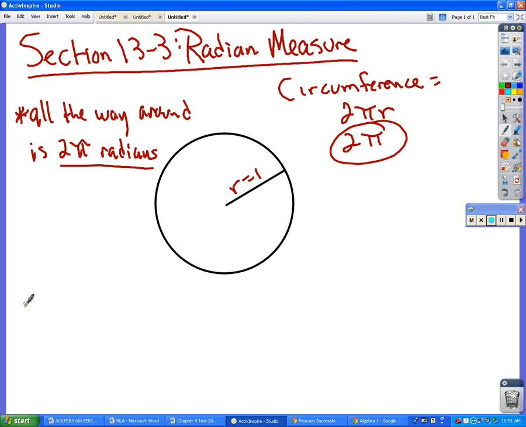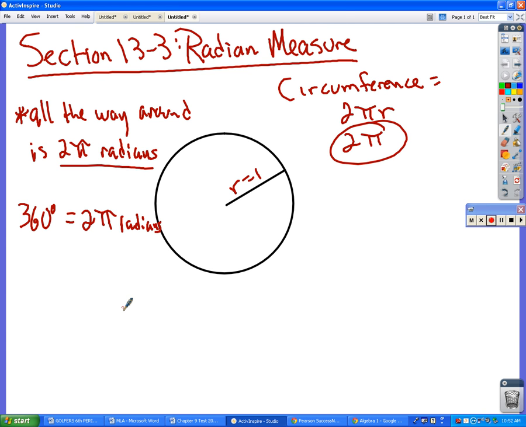You have always had in your head that all the way around the circle is 360 degrees. You need to also recognize that all the way around the circle is 2 pi radians. And so 360 degrees is the same as 2 pi radians.